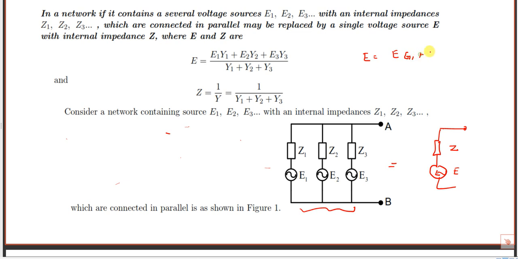So E1 G1, E2 G2 and E3 G3, if you consider only resistance. Here also, Y1, Y2, Y3 is there, so that is the reciprocal of impedance. So here also you have to write G1, G2, G3. If you write only resistance, instead of this we write the resistance symbols R1, R2, R3. Then this is the formula.